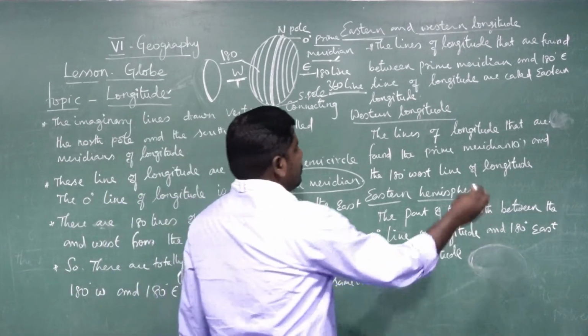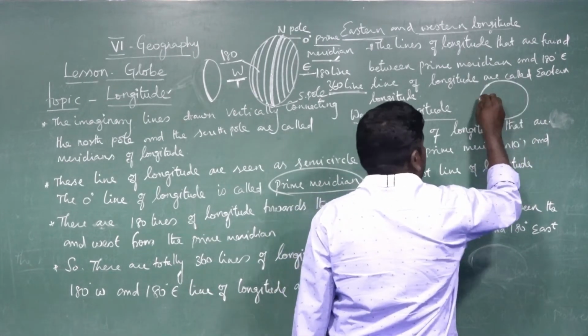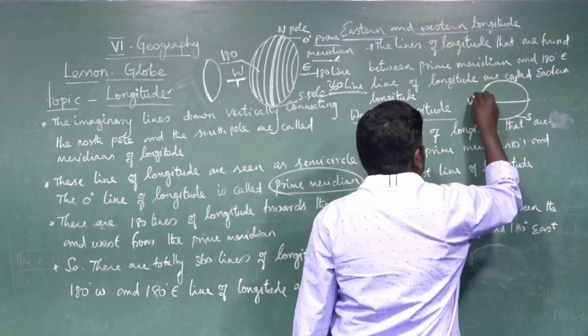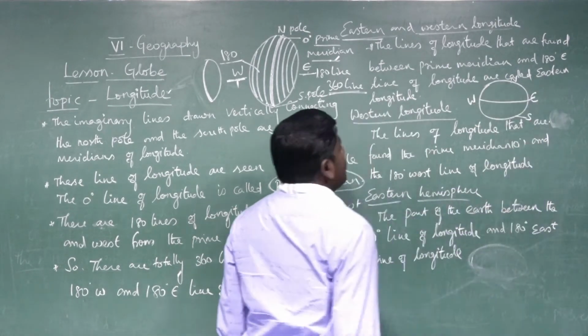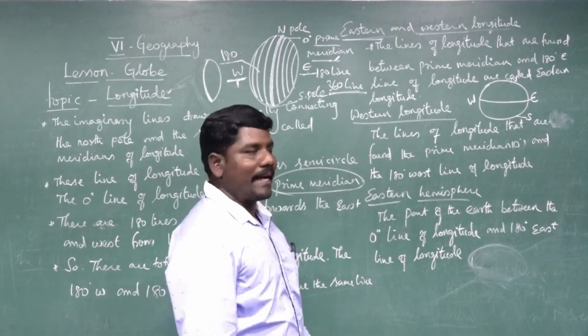Listen. Here we have the North Pole, South Pole, west and east. First, eastern longitudes.